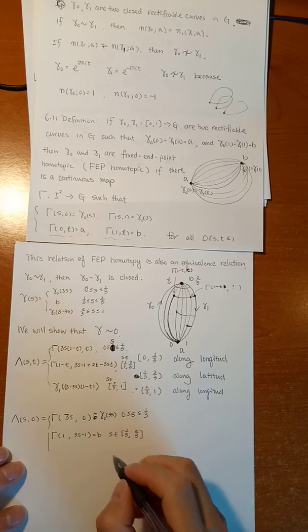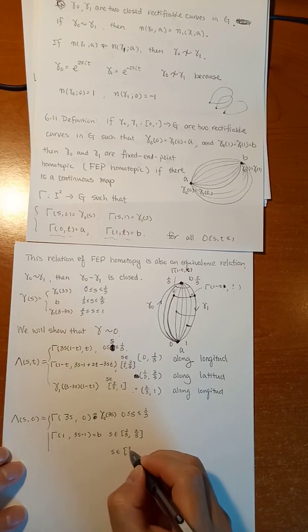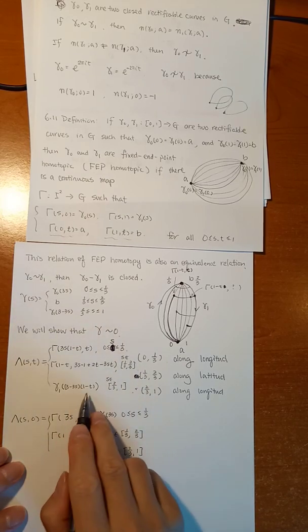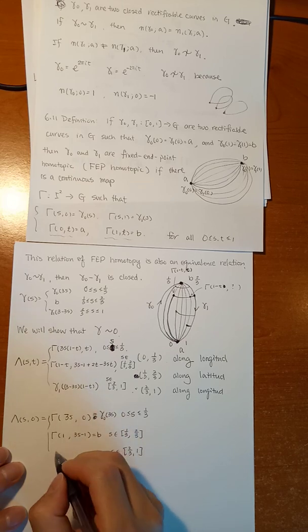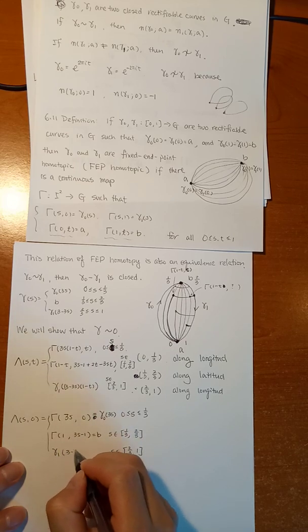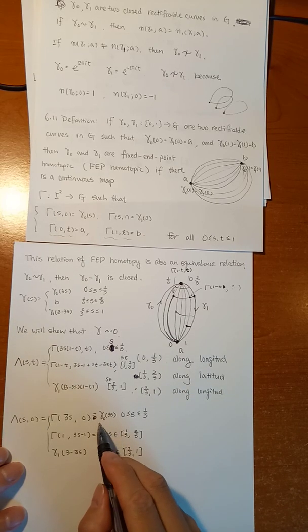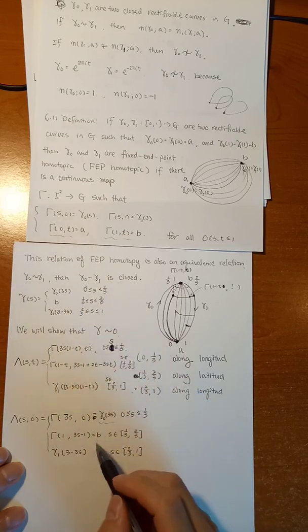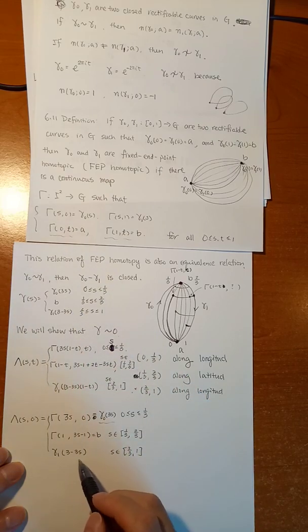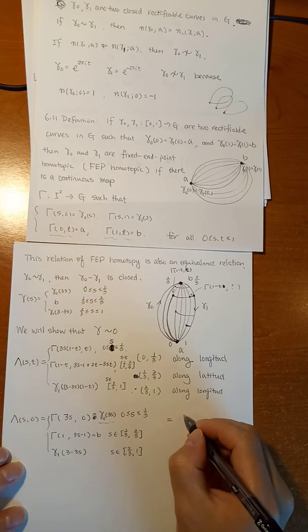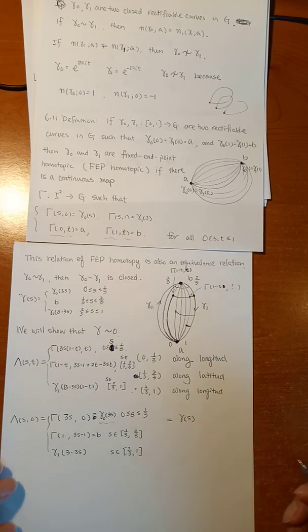And for s belonging to 2/3 and 1, here t is 0, so it's gamma 1 of 3 minus 3s. See, gamma 0, 3s, b, gamma 1, 3 minus 3s. So this is exactly little gamma of s.